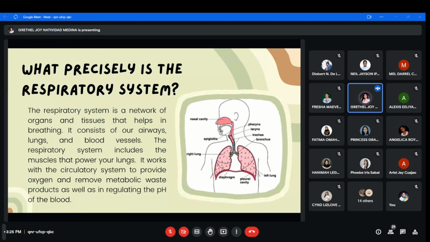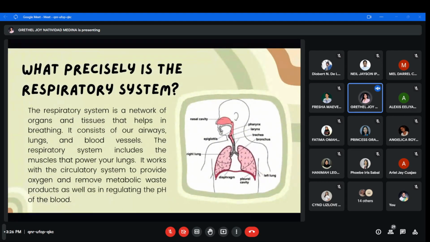It also includes the muscles that power our lungs. Those are the components that work together to transport oxygen throughout the body and remove waste gases such as carbon dioxide. The respiratory system works with the circulatory system to provide oxygen and remove metabolic waste products, as well as regulate the pH of the blood.